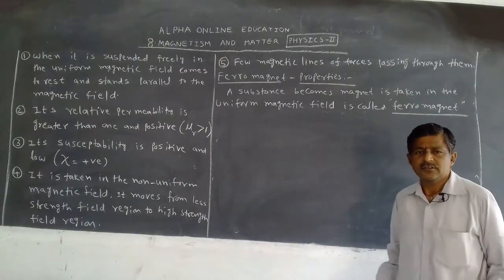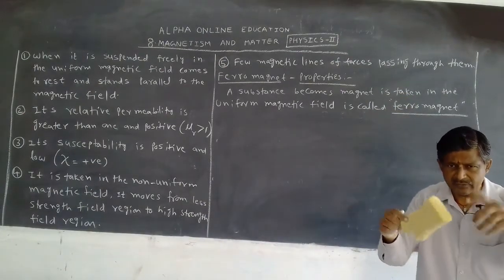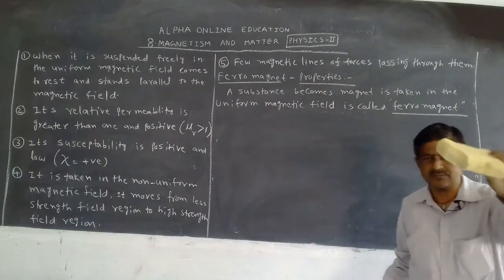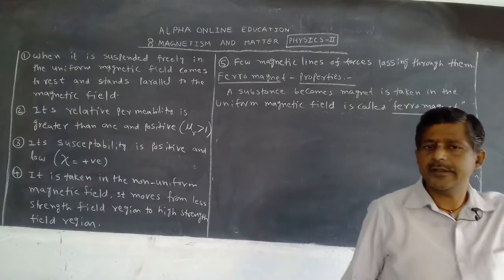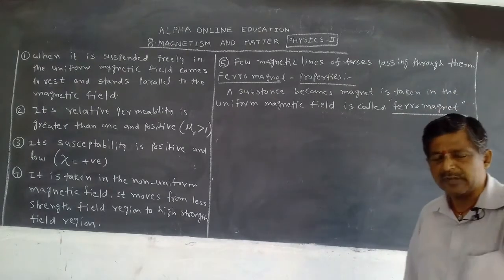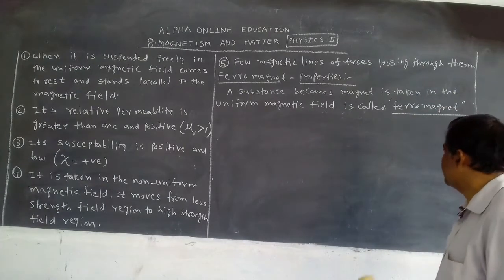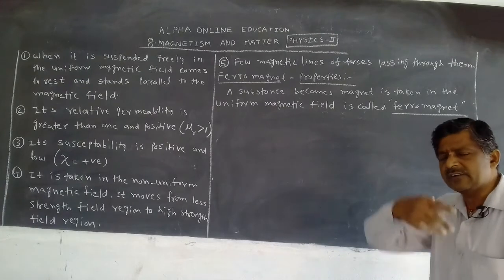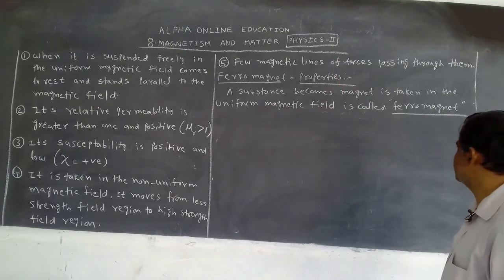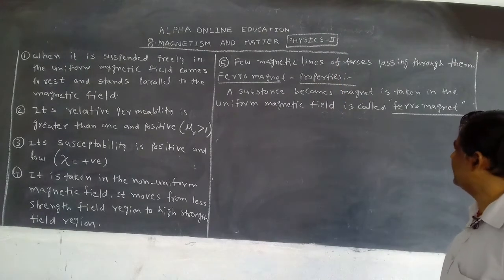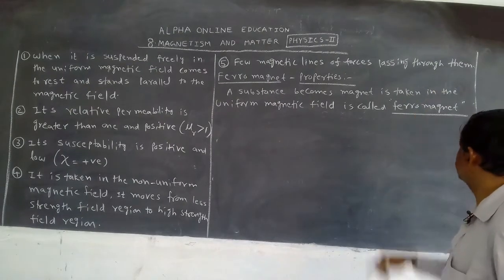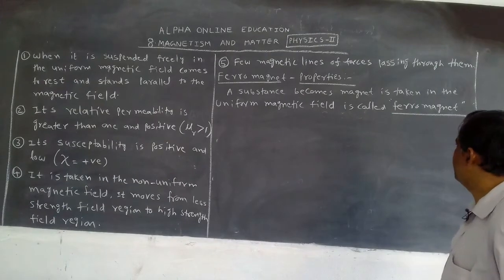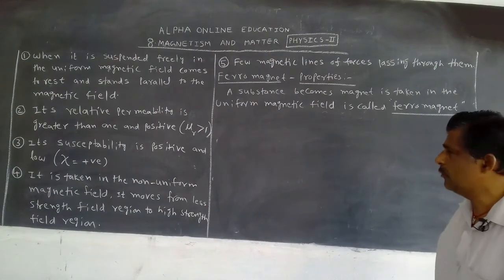Means if you take a ferromagnet, it is one substance. If you take it in a uniform magnetic field, it becomes a magnet. It is converted as a magnet. That substance is called ferromagnet. A substance that becomes a magnet, converted as a magnet, when taken in the uniform magnetic field is called ferromagnet.